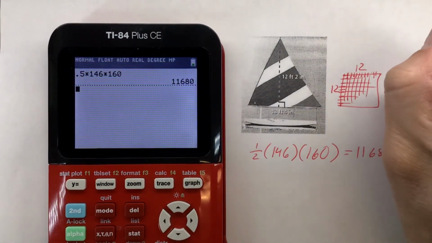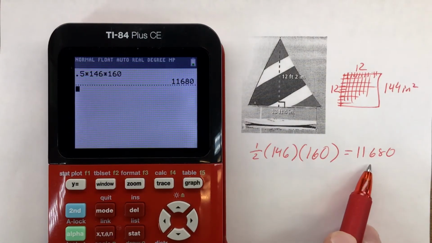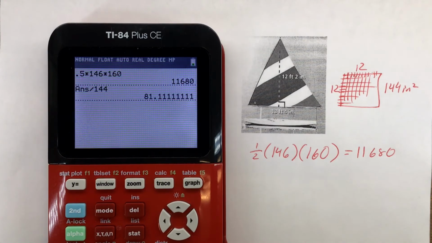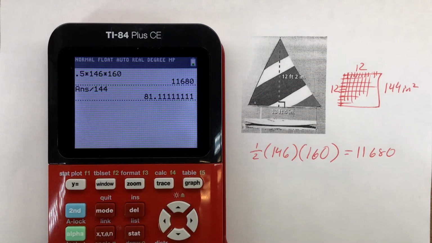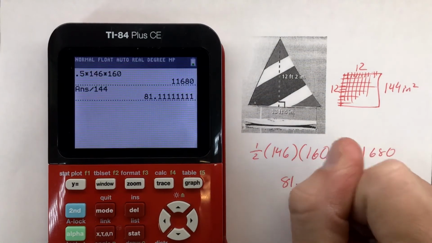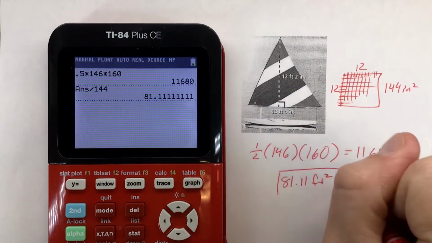You get 144 square inches. So if I divide this answer by 144, I get the same answer that I did beforehand, except more exact, because I didn't round partway through there. So we still get 81.11 feet squared.